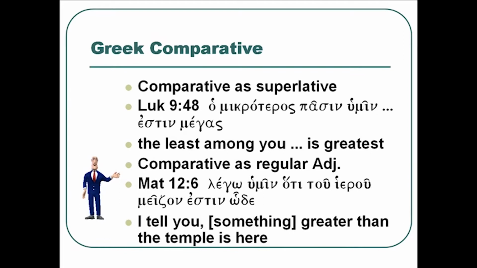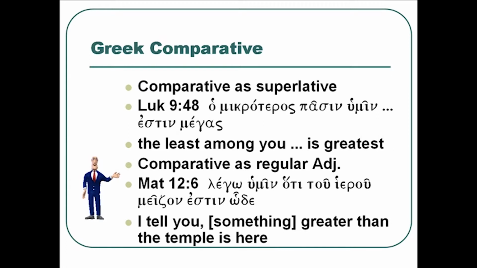The comparative can also be used kind of as a regular adjective, which sometimes almost acts like a substantive itself. And in Matthew 12:6 we have lego humin hoti tou hierou meizon estin hode.